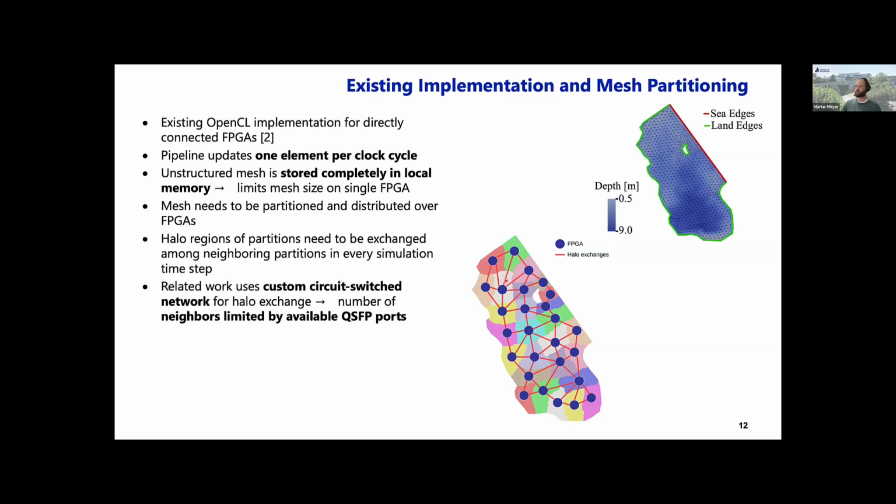For example, in this case, we already have 6 neighbors for this FPGA here. With that, we can also scale to larger numbers of partitions and to higher numbers of FPGAs overall.